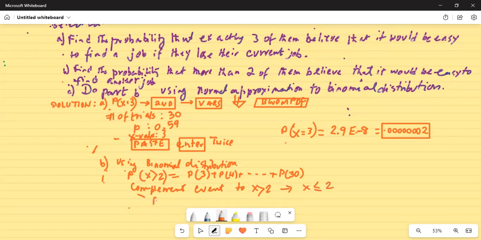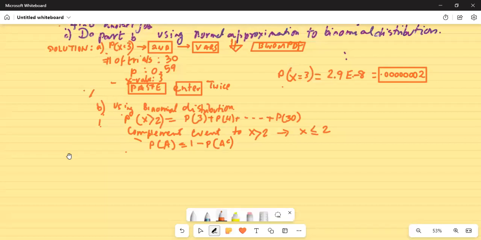So we know probability of event A is equal to 1 minus probability of complement of A. Okay, so if I move up a little bit more, the probability of X greater than 2 is equal to 1 minus probability of X less than or equal to 2.